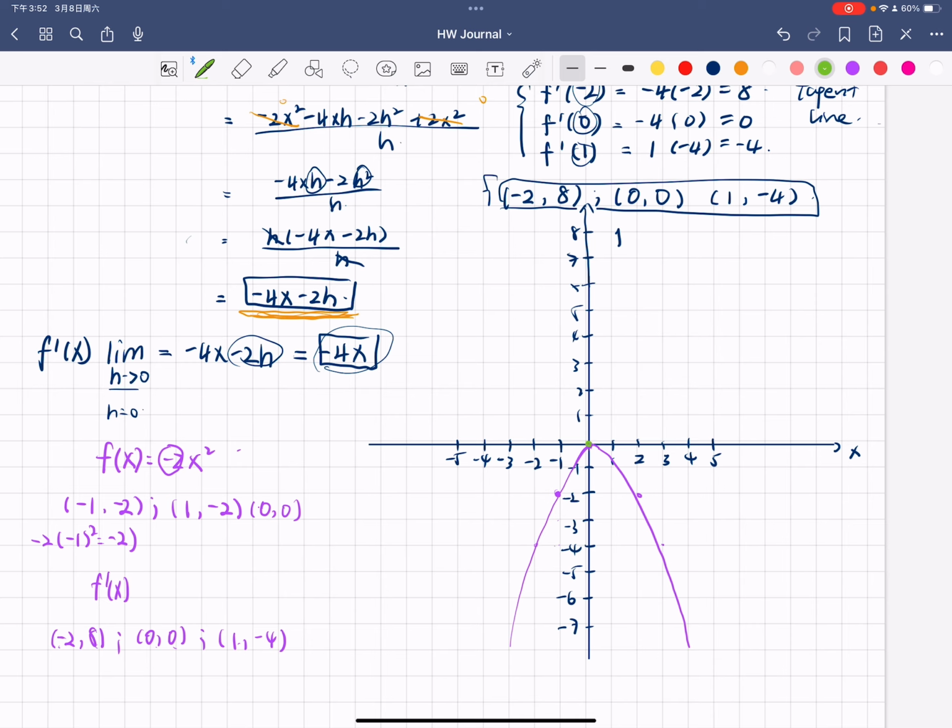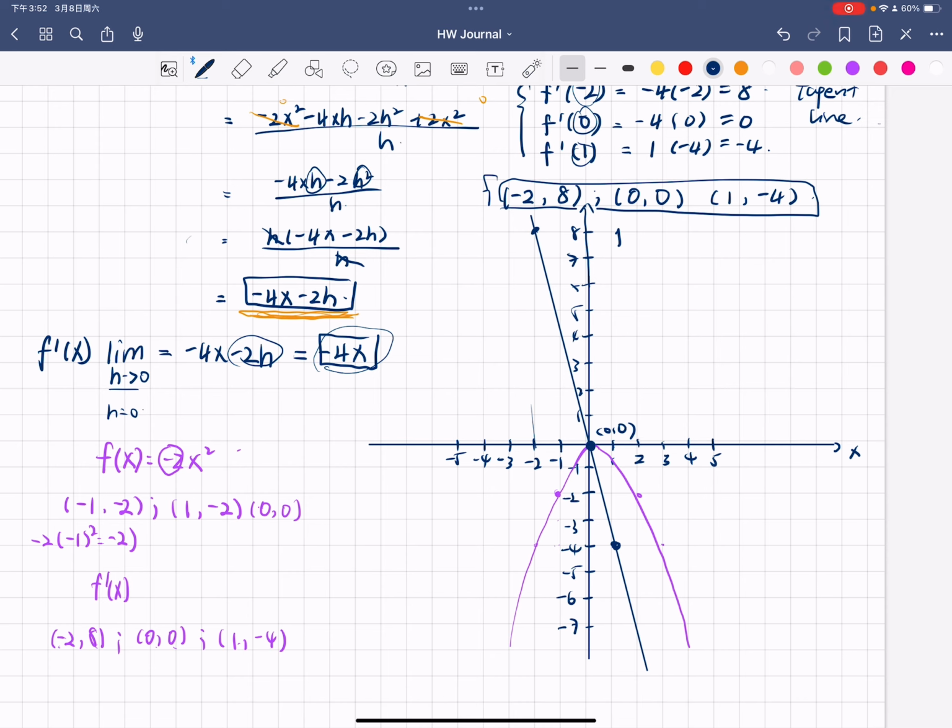So we can just label them all together. So 0, 0, and then 1, negative 4 right here, and negative 2, 8 is going to be right here. And then we're just connecting the line. Make sure they're connecting to each other.